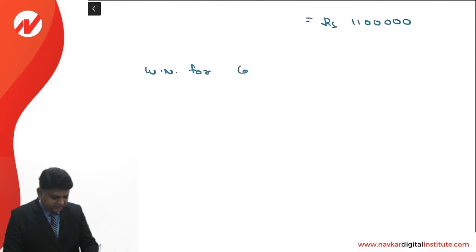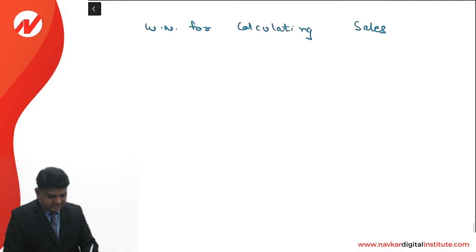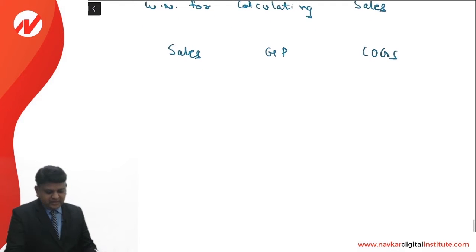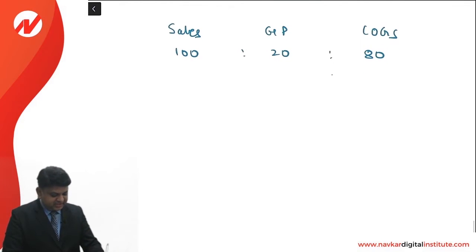Working note for calculating sales. We understand that the sales, gross profit and COGS. GP ratio is provided as 20%, meaning for every 100 rupees of sales, gross profit is 20 and COGS is 80. The question is providing the COGS as 64 lakhs.